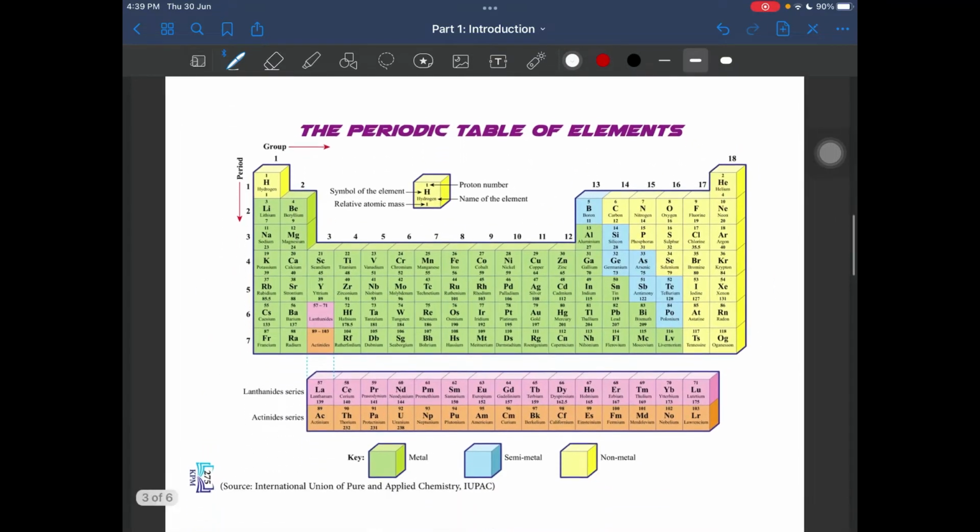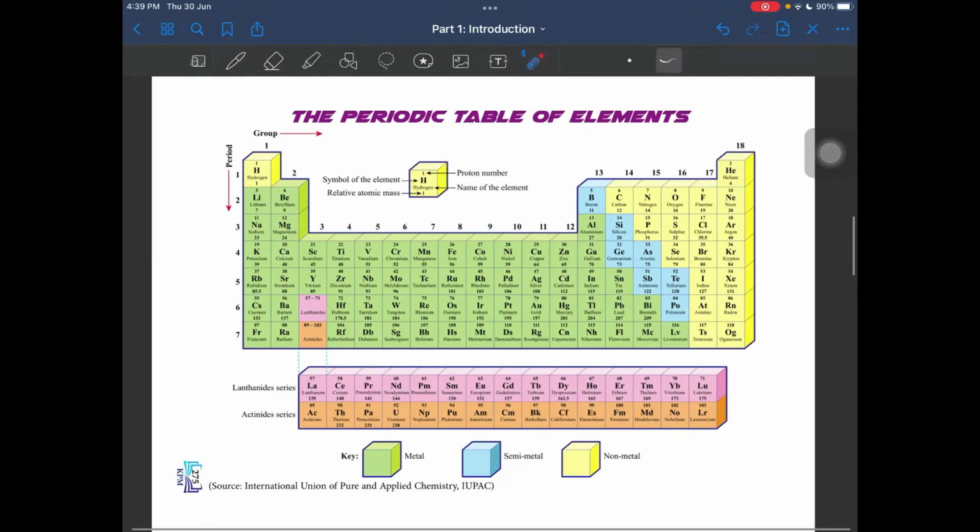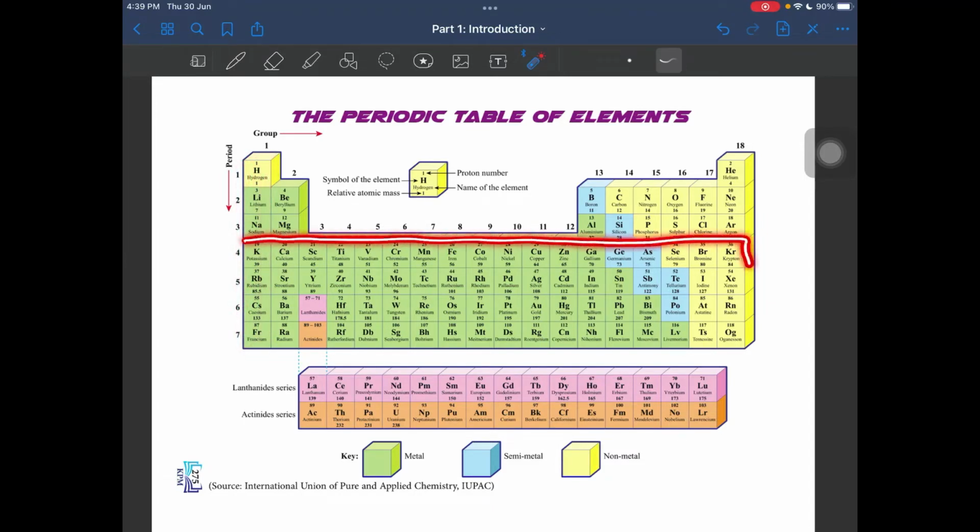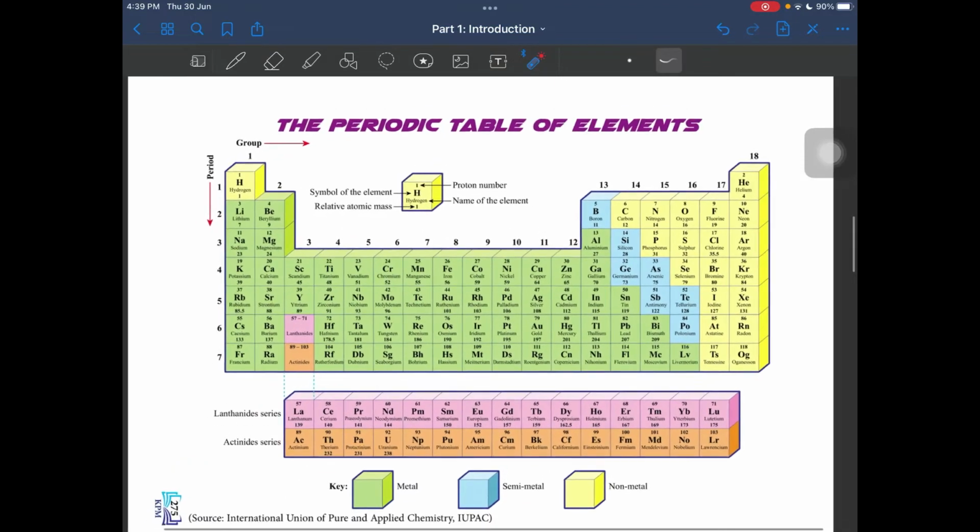And in this periodic table of elements, you also notice that there are vertical columns and also horizontal rows. So what do these vertical columns and horizontal rows actually indicate? What do they mean?